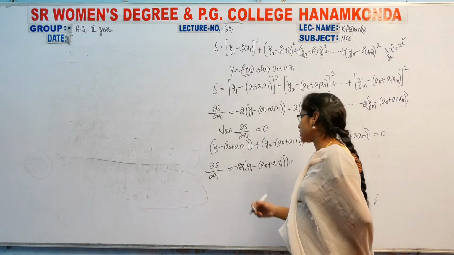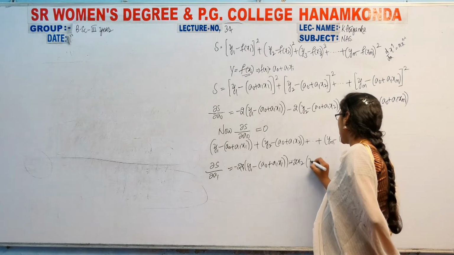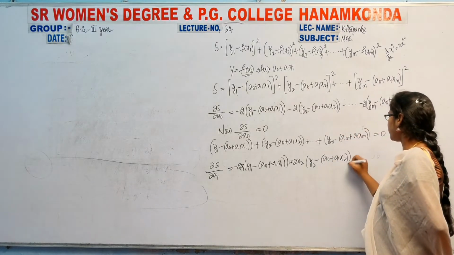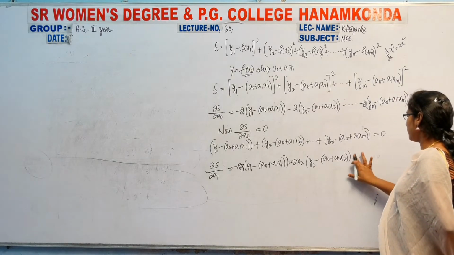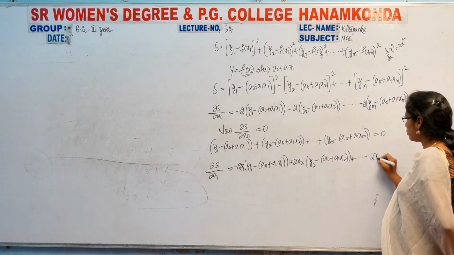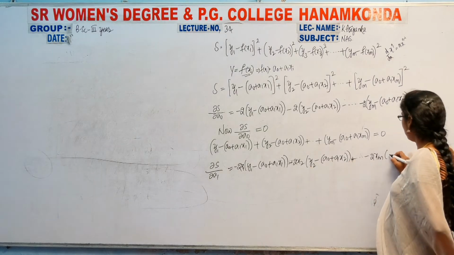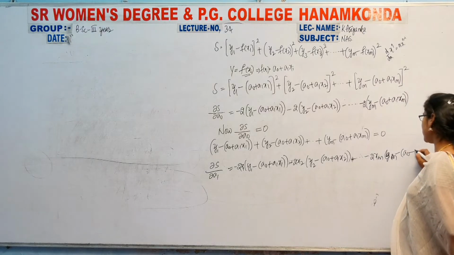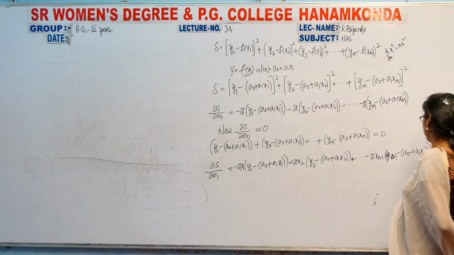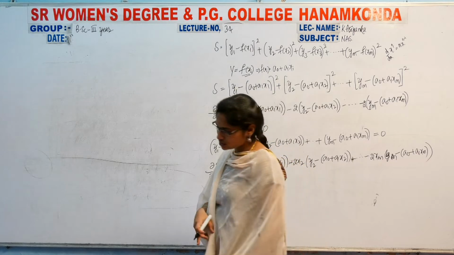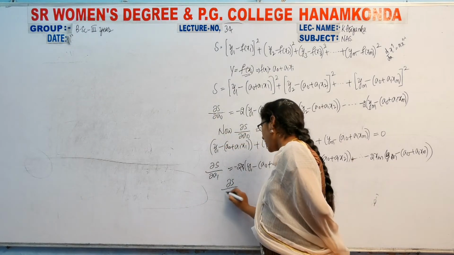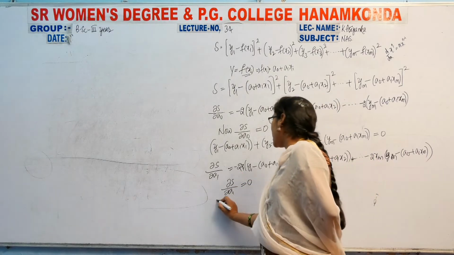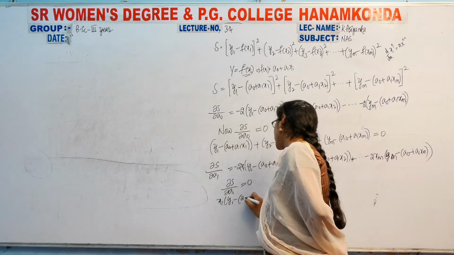Similarly minus 2 x2 of y2 minus a naught plus a1 x2, and so on, minus 2 xm of ym minus a naught plus a1 xm. Taking this as dou s by dou a1 equal to 0, then obviously minus 2 is again common, then x1 of y1 minus a naught plus a1 x1 and so on.